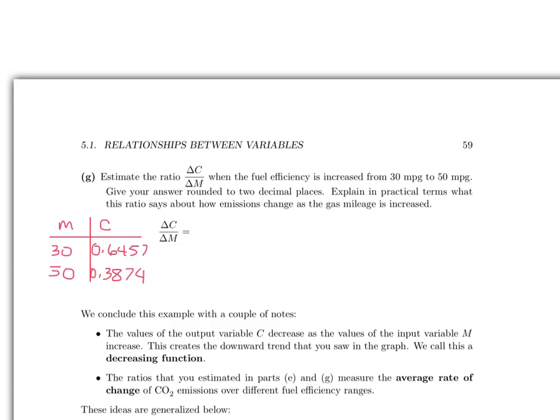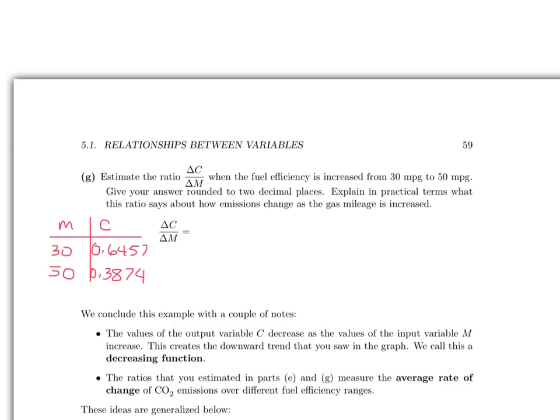So we have to take the total change in our emissions. Remember, we are going from 30 to 50. So these numbers correspond to our initial values, and these correspond to our final values. To calculate the change in the emissions, I take my final value and I subtract the original value. Similarly, I take my final value for the fuel efficiency and I subtract the initial value.